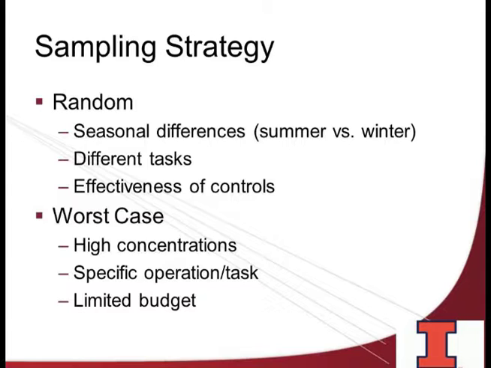Different tasks may be conducted throughout the day that may involve the same material. If you only do partial, you may only capture a portion of that particular task. And then, as I mentioned, sometimes the random sampling approach is used to determine how effective your controls are.